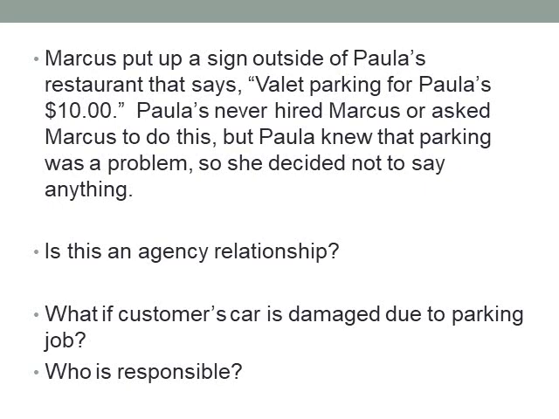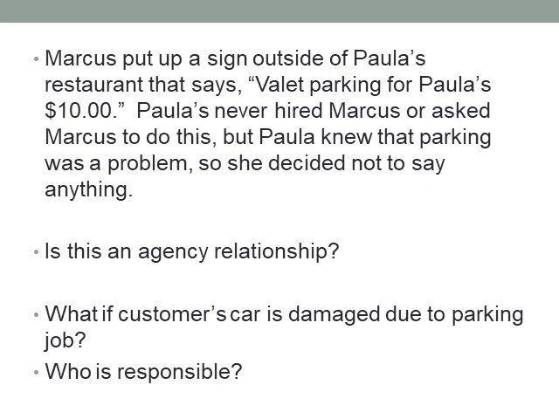Yes, it's probably created implicitly here, just like the other example. So the question is, if a customer's car is damaged due to the parking job, who's responsible? Marcus will be liable. Can Paula be liable? She may be under the theory of agency by estoppel.